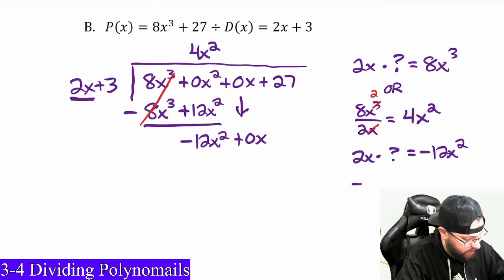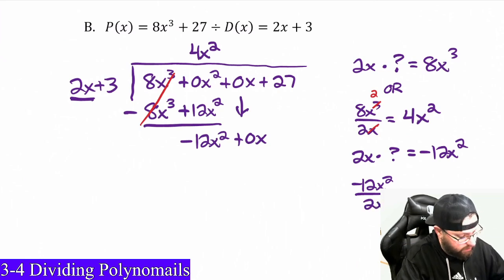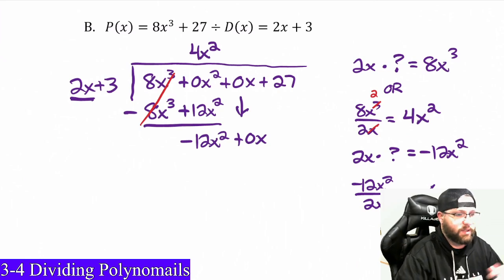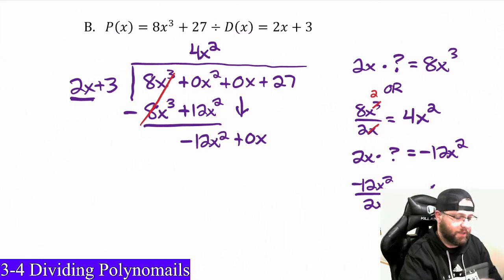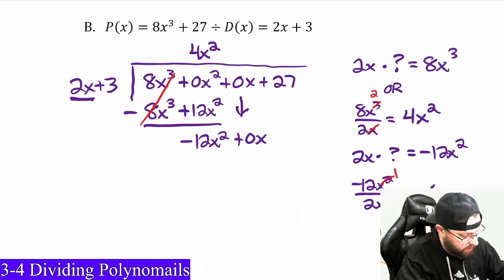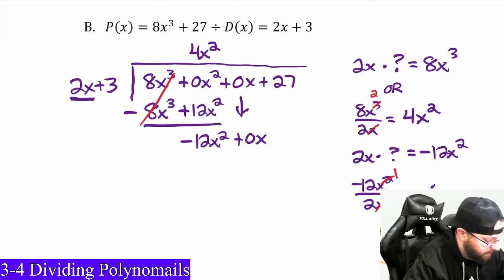So once again, we can divide what we want by 2x. Negative 12 divided by 2 is a negative 6, and then we're going to be left with 1x, because we've got 2 on top and 1 in the denominator. So this is going to turn into a power of 1, and that cancels out this x. So we're going to multiply by a negative 6x.